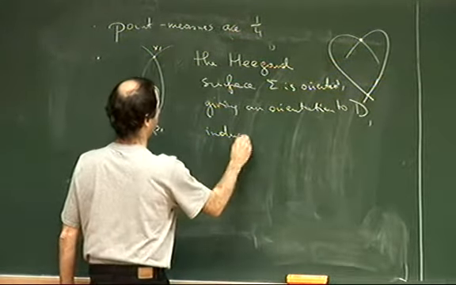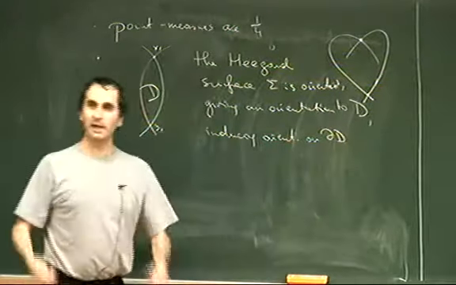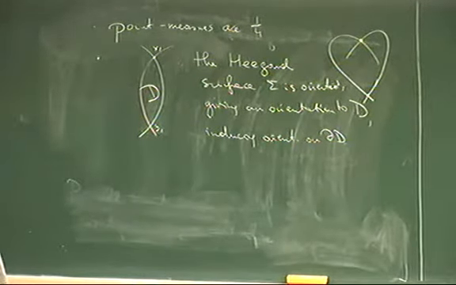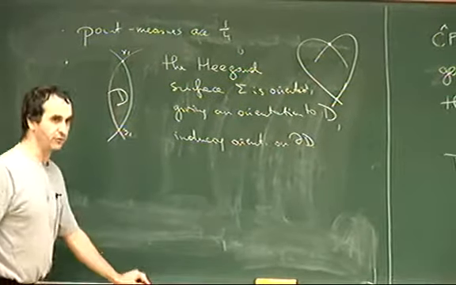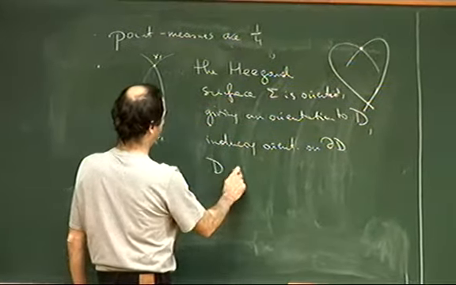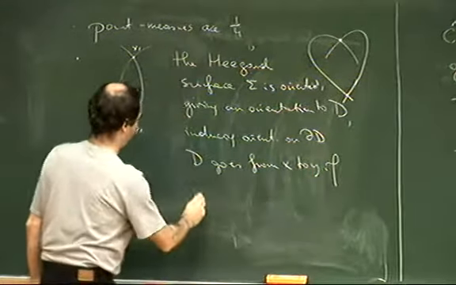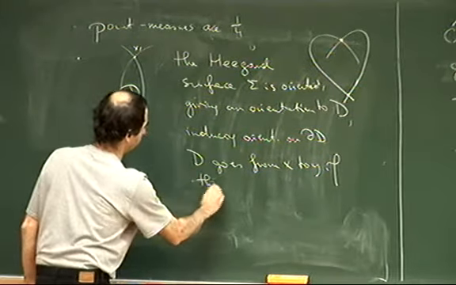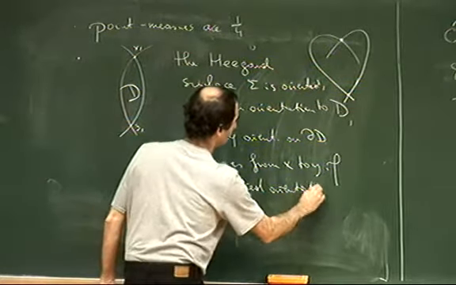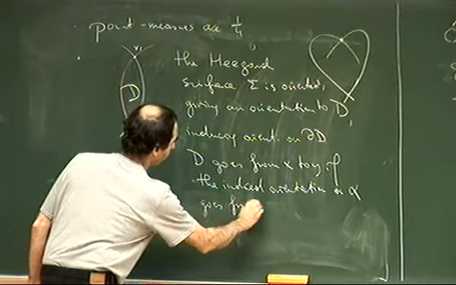The boundary has 2 different types of arcs. There is an alpha arc and then there is a beta arc. And we require that we travel from X to Y on the alpha arc. And D goes from X to Y if the induced orientation on alpha goes from x1 to y1.